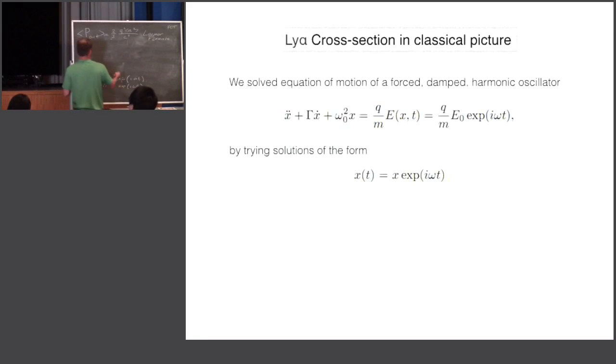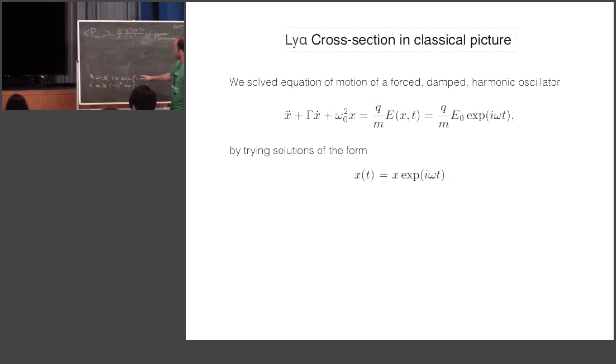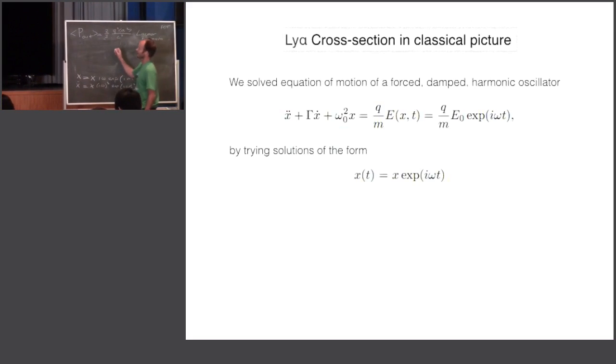So I'll just substitute these expressions into the differential equation. We're going to drop the exp(i omega t) because they are everywhere, and just write down the result. So what we get is x times, and x is everywhere as well, except on the right-hand side, so that's what I'm going to keep. From the x double dot term, I have this (i omega) squared, so that's just minus omega squared, because i squared is minus 1.